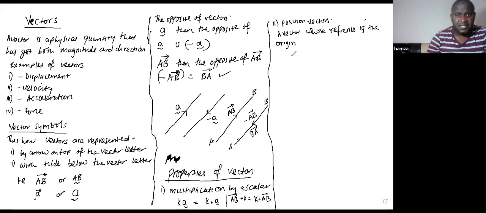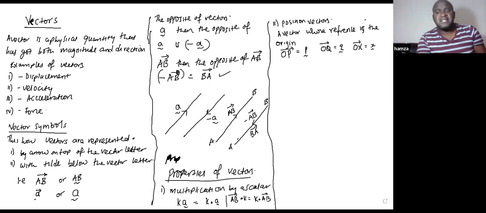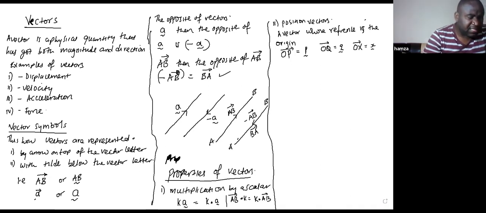And among them, for example, it includes vector OP, but this OP can be represented by a small p. You can have vector OQ, whereby this OQ can be represented by a small q. You can have vector OX, whereby this can be represented by a small x. So that means it is a position vector, but it is beginning from the origin. So it starts from the origin.